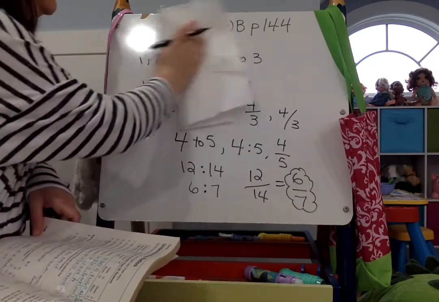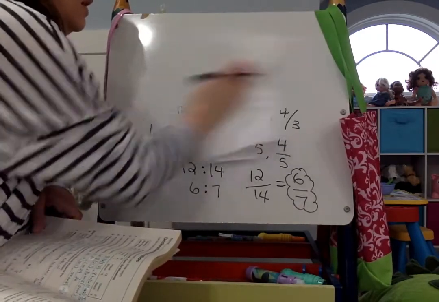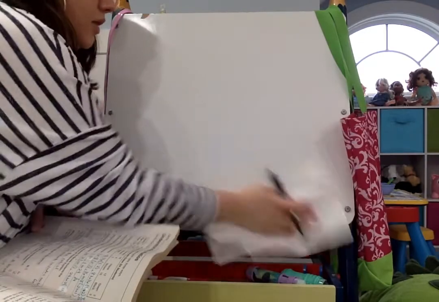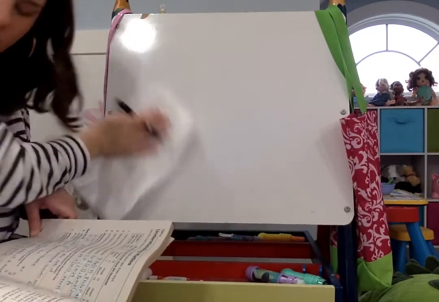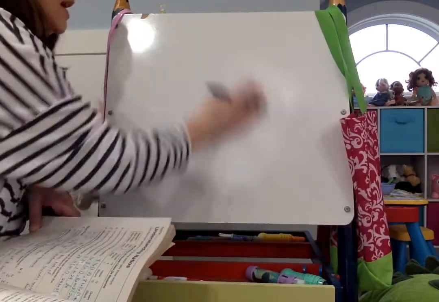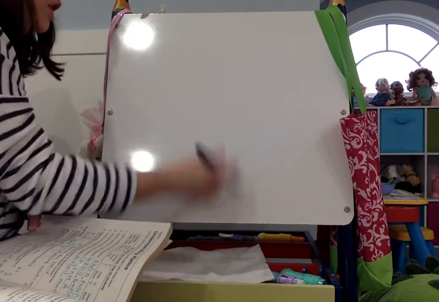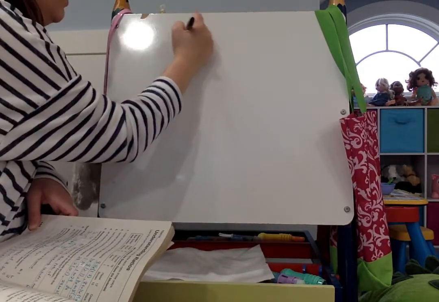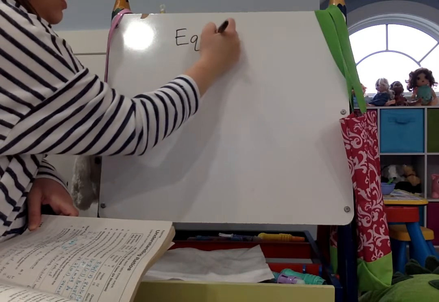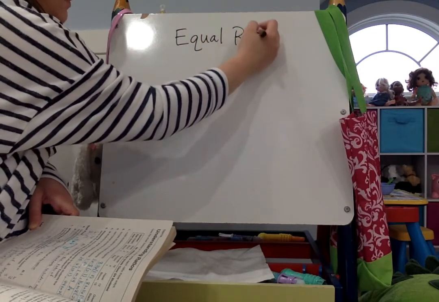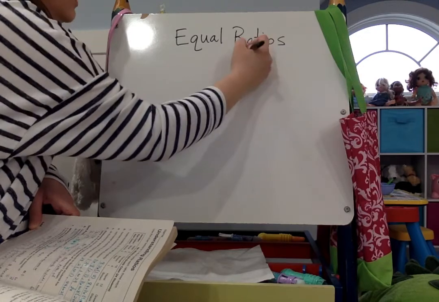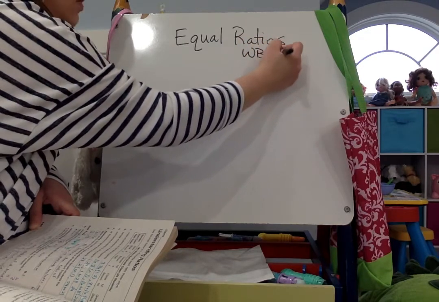So I'm going to erase this now and go to workbook page 145. This time, just where I started talking with you about simplifying the ratios, we're talking about equal ratios, okay? And that's workbook page 145.